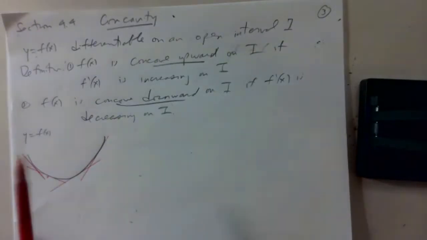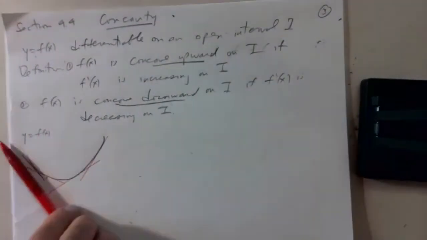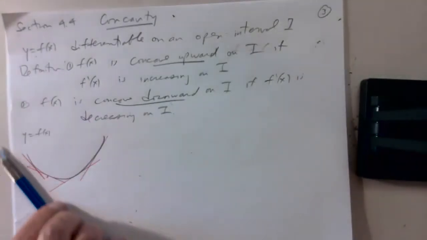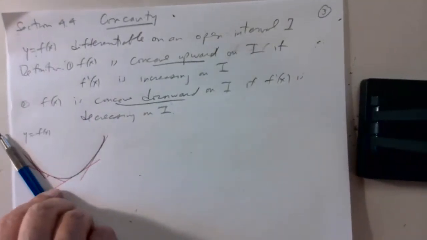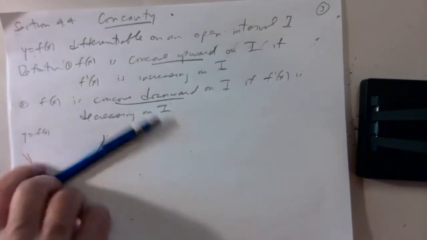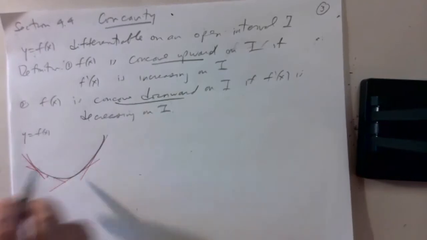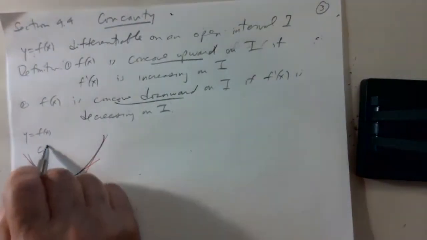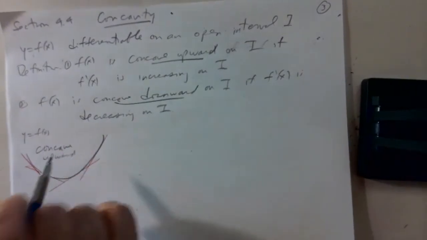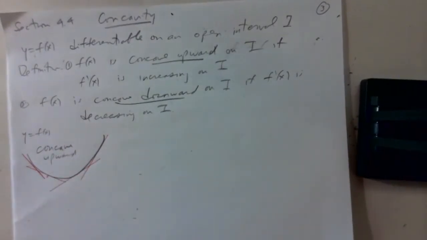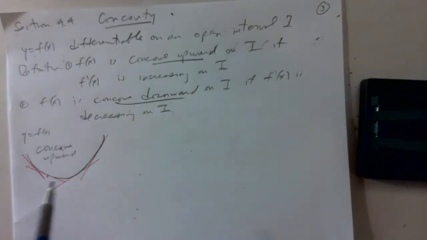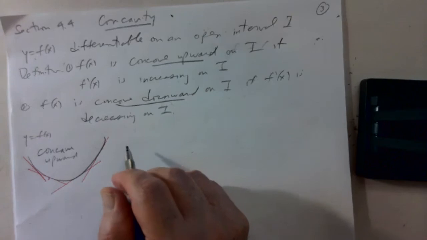There's a tangent. So to say the derivative is increasing means that these tangent lines are getting, the slope is increasing. So this is very negative, less negative, positive, more positive. This is an example of a curve which is concave upward. The derivative is increasing. So the slope of the tangent line is increasing.